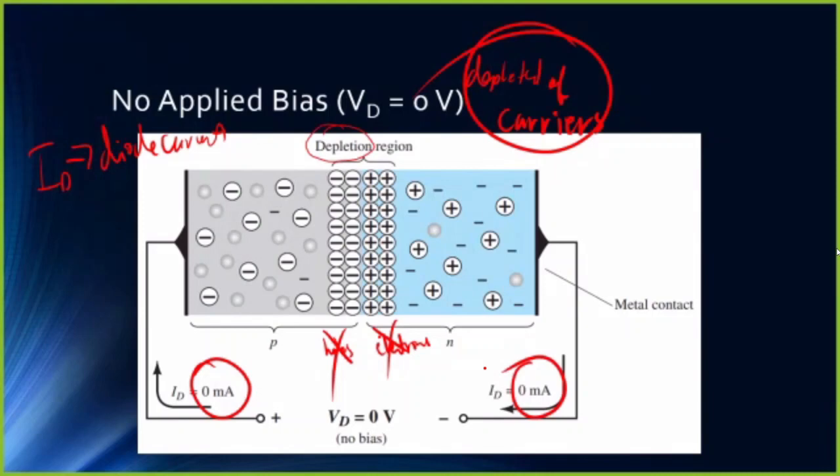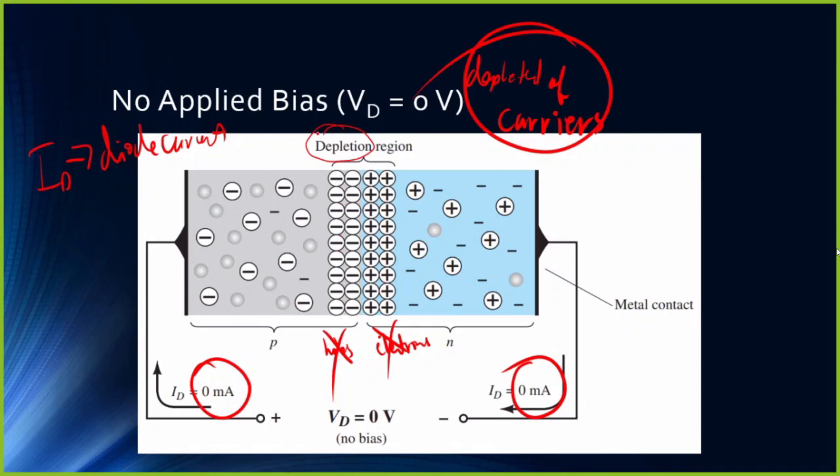So kahit 0 ang value, it's customary to write the unit. So kahit 0 ang voltahe, 0 V or 0 volts. 0 ang kuryente, 0 milliamperes. Lalagay mo pa rin yung units. So it's the proper way of expressing the current or voltage or resistance, no? Kahit na 0 ang kanyang value, you still write the unit. Okay. So yan ang no bias.